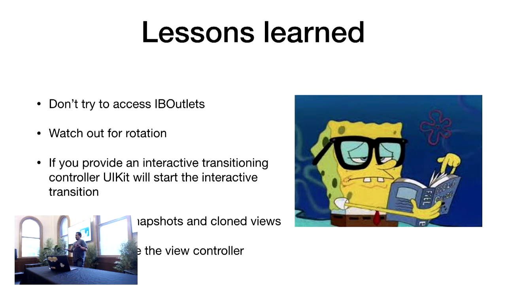So leave them alone, don't touch them. If you actually need to access a view, you need to provide some other way, maybe through a protocol, or maybe, I don't know, using view tagging. I mean, there is no other way than going down in the view hierarchy. If you had references as IBOutlets, that's not going to work.